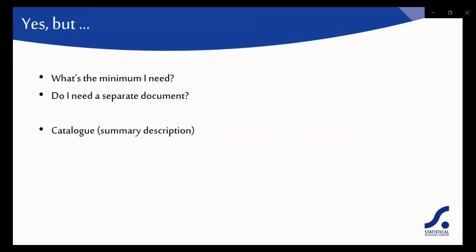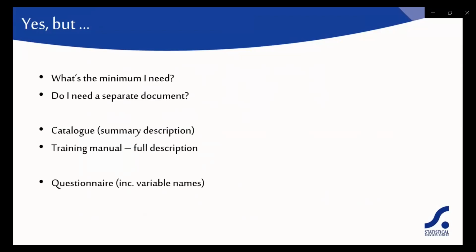Okay, you say, but what's the minimum I need to provide metadata? Do I need to produce a separate document? Well, no, not necessarily. For the household baseline, we have the study catalogue giving a summary description, and we have the training manual giving a fuller description. This satisfies the requirements at the study level.